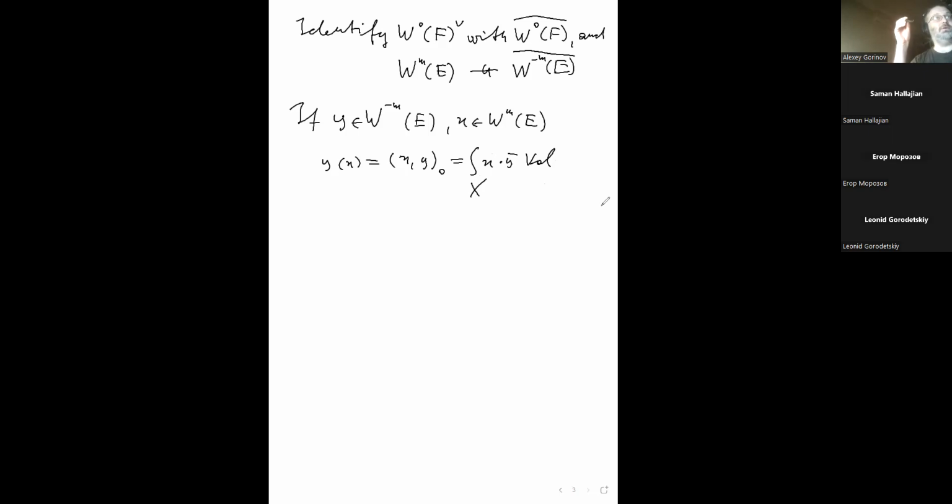I integrate x times y bar against the volume form. Now, this integral is in general not well defined, but it is well defined if x is inside W^m and y is inside W^-m.